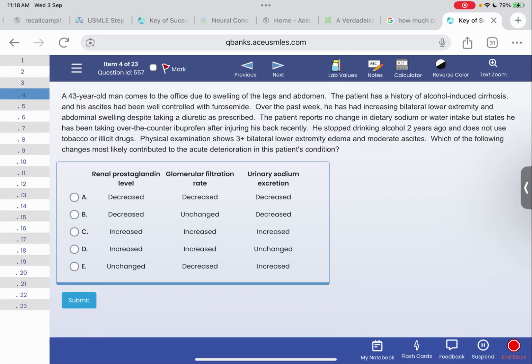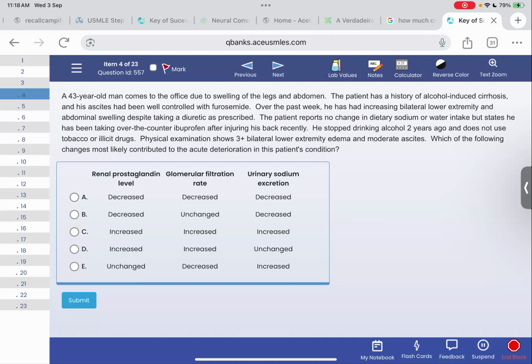Which of the following changes most likely contributed to acute deterioration in this patient's condition? A 43-year-old man comes to the office due to swelling of the legs and abdomen. The patient has a history of alcohol-induced cirrhosis and his ascites had been well controlled with furosemide. Over the past week, he had increasing bilateral lower extremity and abdominal swelling despite taking a diuretic as prescribed.